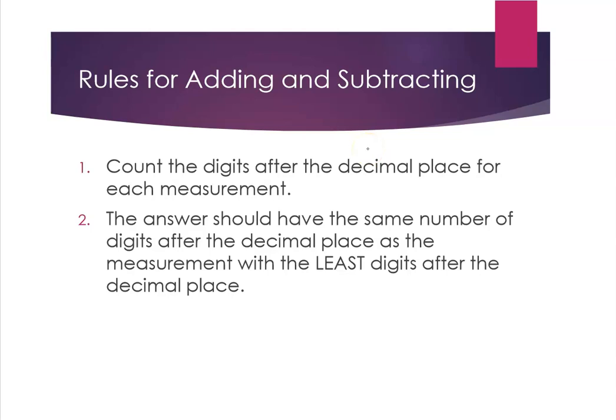Once we count everything behind the decimal, our answer will have as many decimal places as the measurement with the least number of decimal places. So it's always about picking the smaller number. We're not adding sig figs together, we're not subtracting them, multiplying, dividing. We're looking at the sig figs in each measurement, or the digits behind the decimal in each measurement, and then we're just picking the smaller of the values.